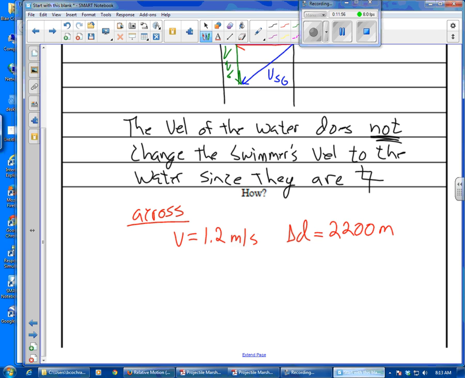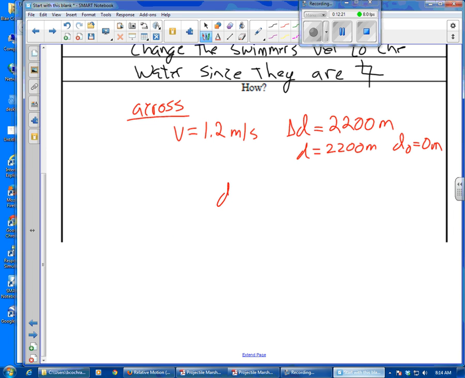Don't forget that they gave it to you in kilometers, so I could also write this as D equals 2,200 meters, D naught equals 0 meters, if you're more comfortable with that. And then I would use the equation D equals D naught plus V initial T plus 1/2 A T squared.